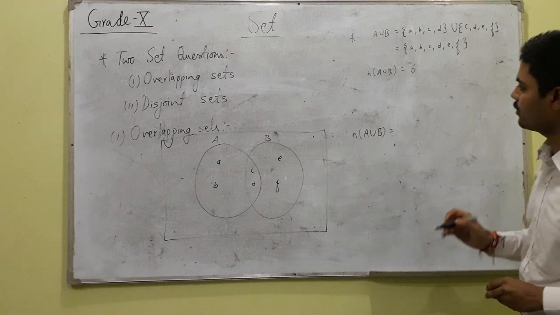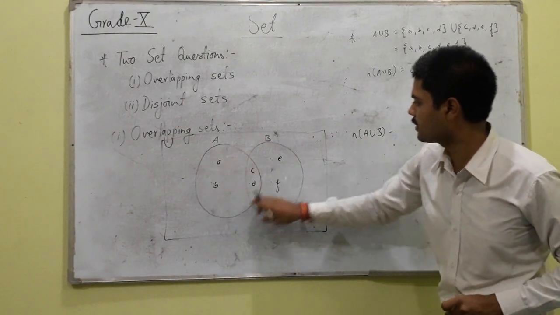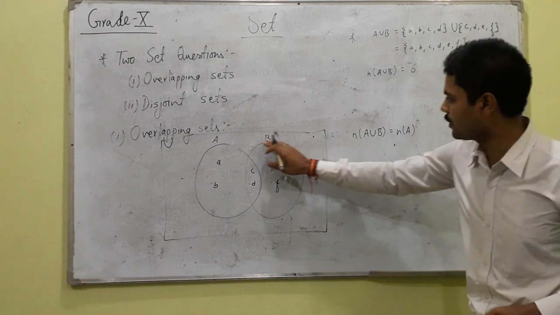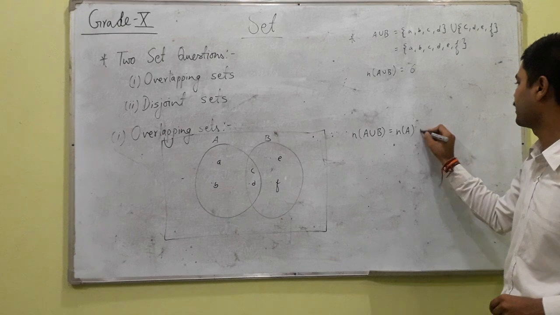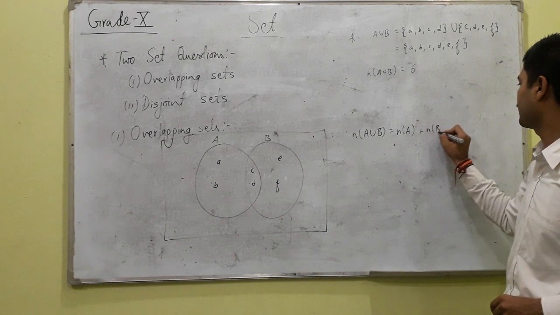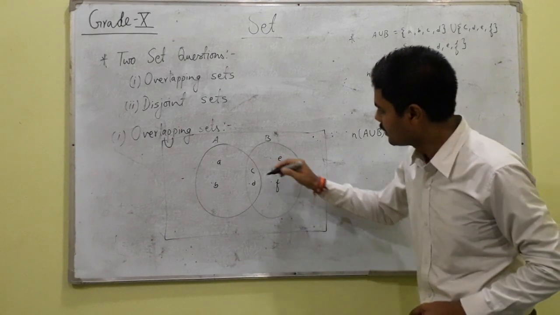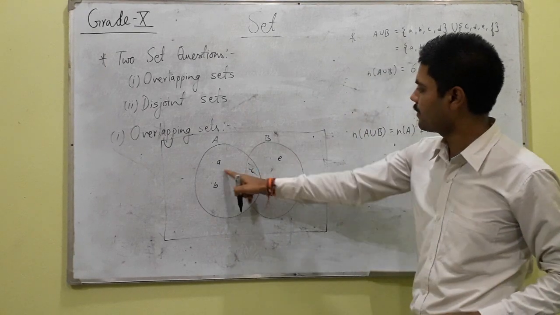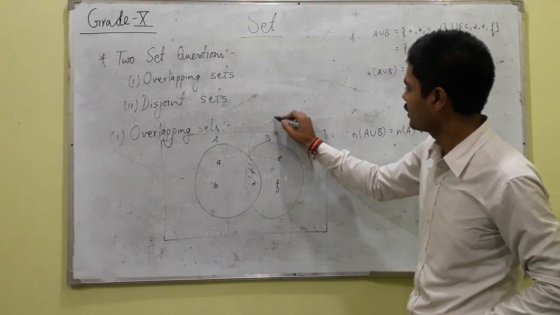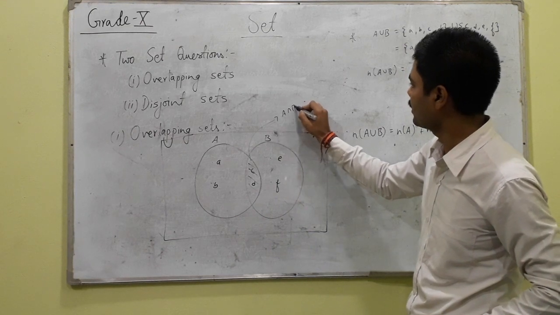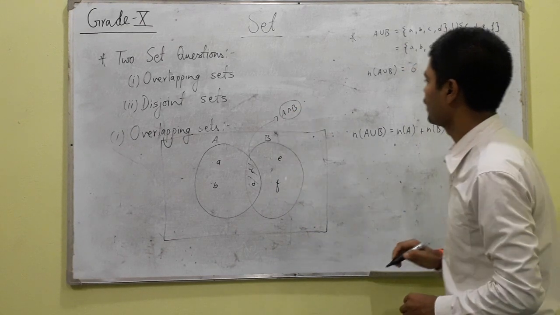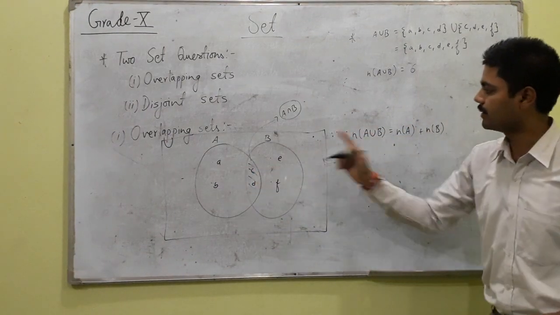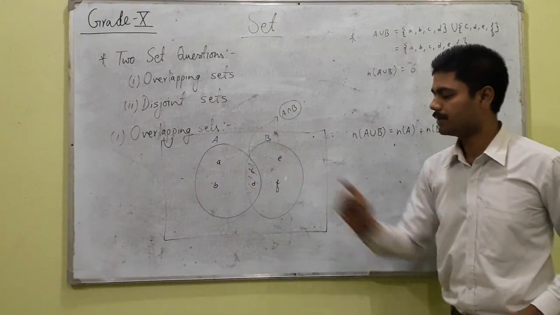What we can use is the total number of set A, that is n(A), plus the total number of set B. But the set which is in the middle of A and B is called the A intersection B set. That is repeated twice, in set A also and in set B also.